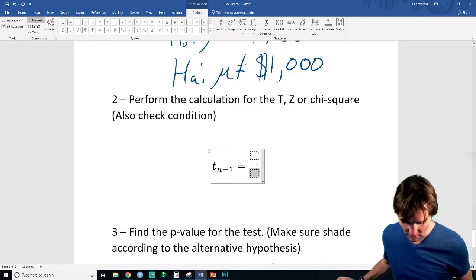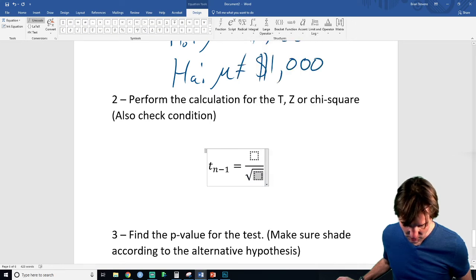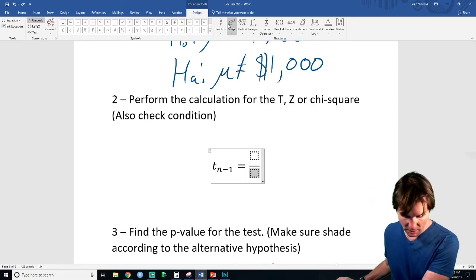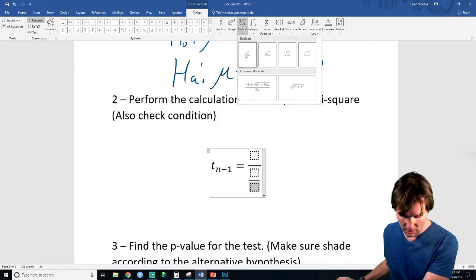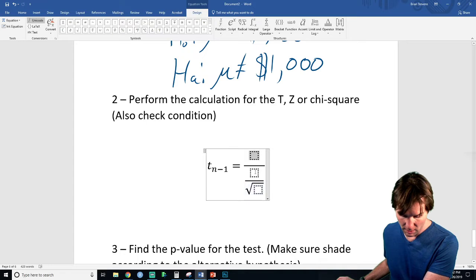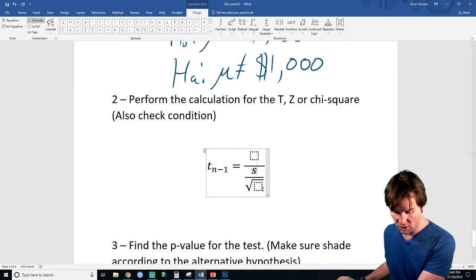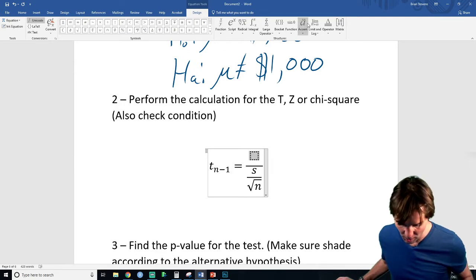Let's put the bottom part of it, which is going to be s over the square root of n. And s over square root of n, if you notice, I solved that earlier, and the top will be y bar minus mu naught.